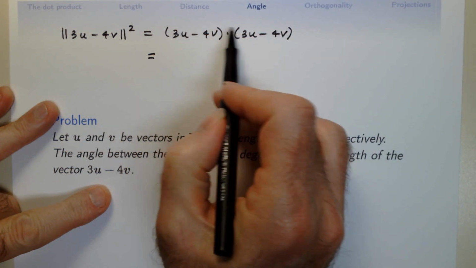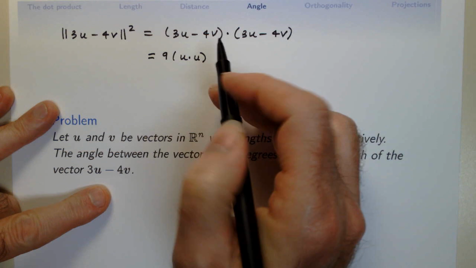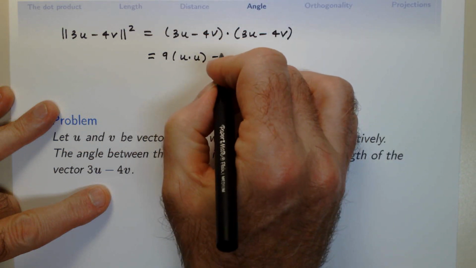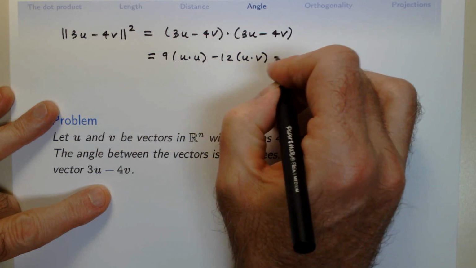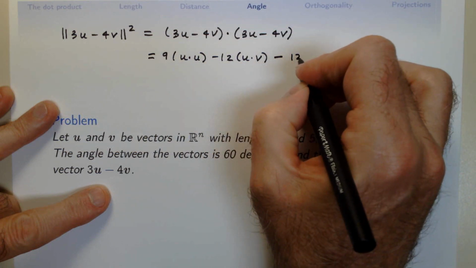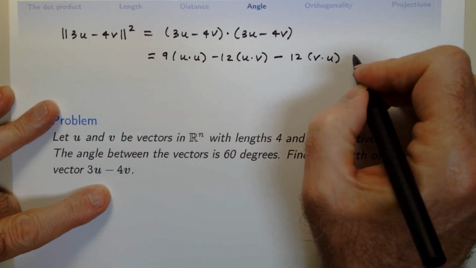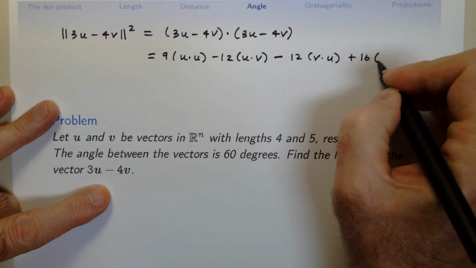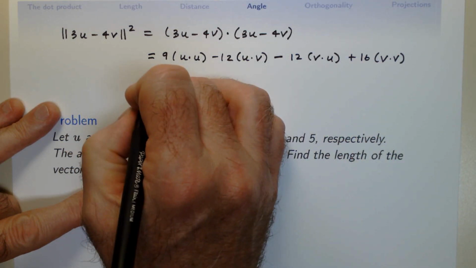So we're going to have a 9u dot u. We'll have a minus 12 u dotted with v. We'll have a minus 12 v dotted with u. And we'll have a 16 v dotted with v. Okay, now let's clean this up a little bit.